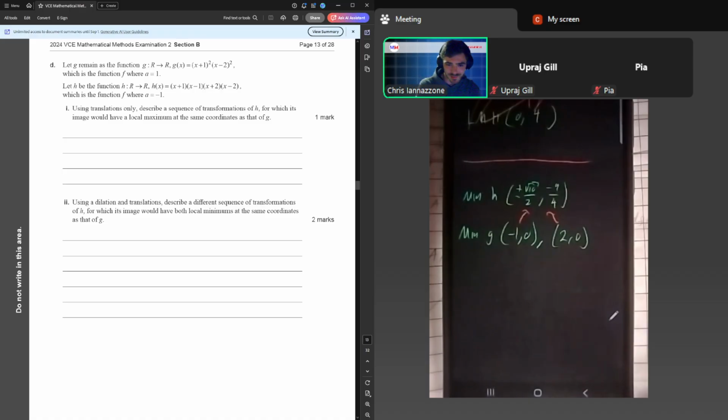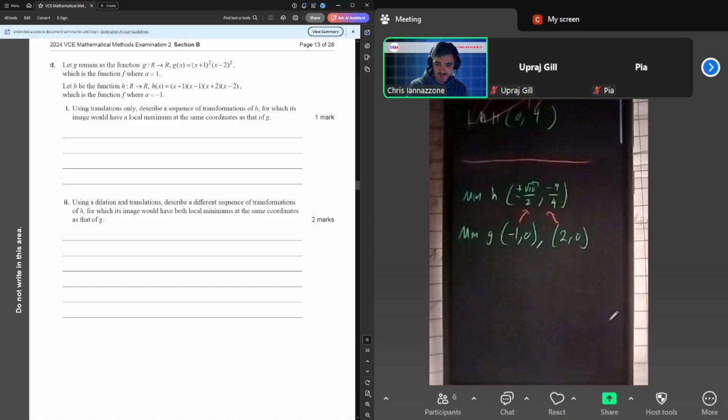This was a 5% pass rate question, by the way. Tough one for a lot of people. About 19% of people got at least a mark out of it.